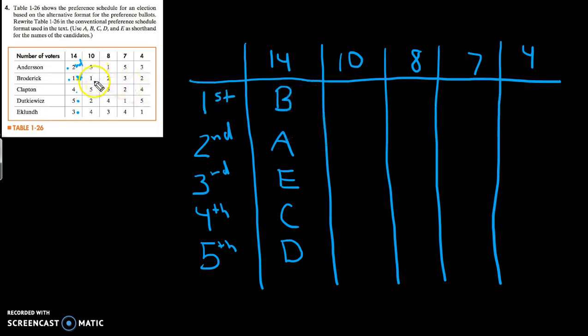So let's see, the other 10 people put B first and then D. And then third, they put A, and fourth, they put E. So A and then E, which means they put D in fifth.